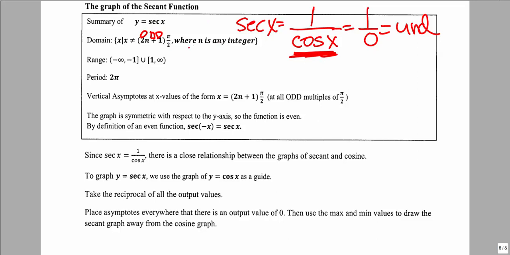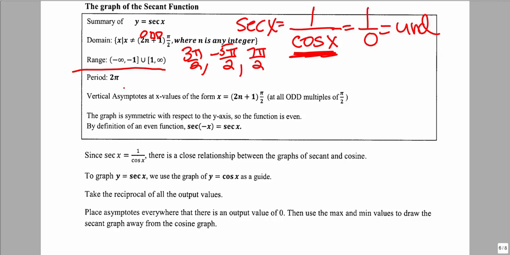So secant is undefined at 3 pi over 2, for example, negative 5 pi over 2, 7 pi over 2, any odd number multiplied times pi over 2. Our range, we're familiar with that range, is everything except for the space between -1 and 1 for y values.